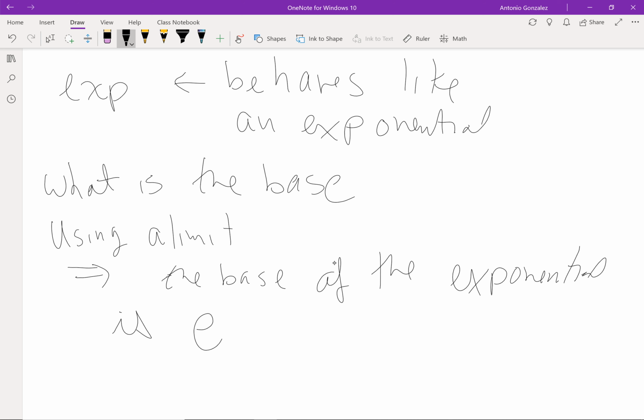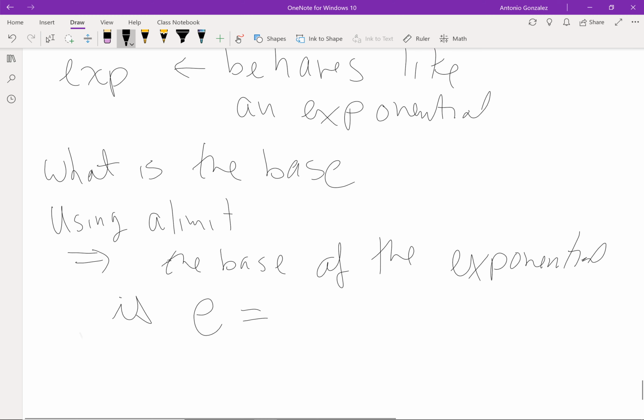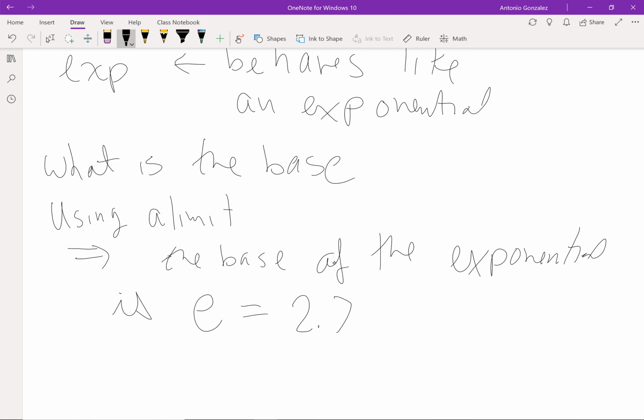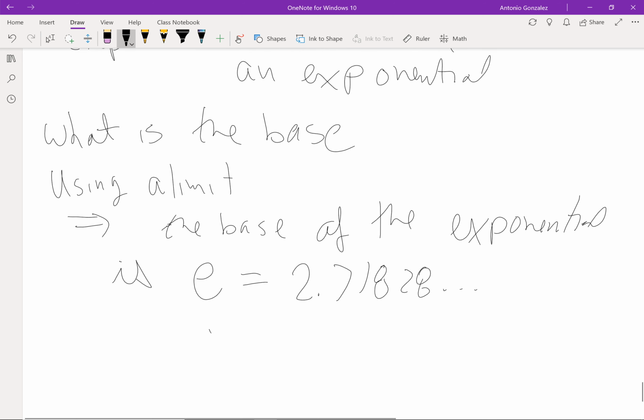It's a constant e, 2.7182818, etc. So this is an irrational constant.